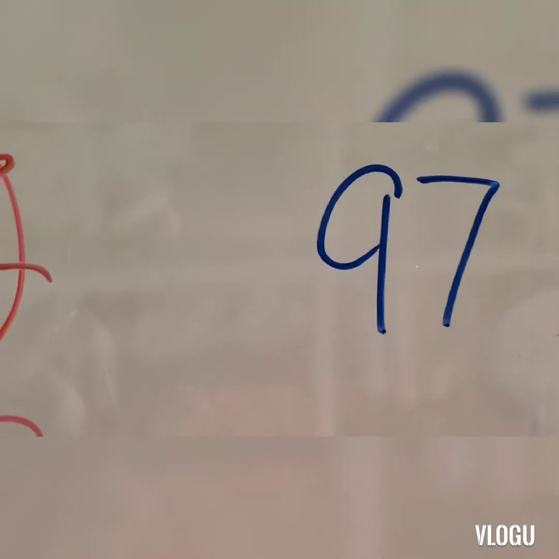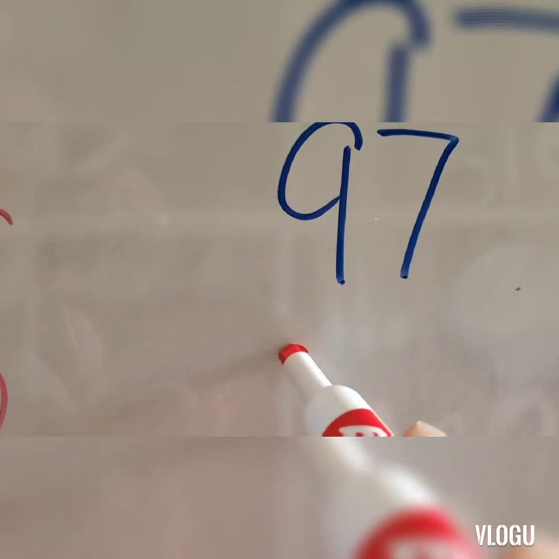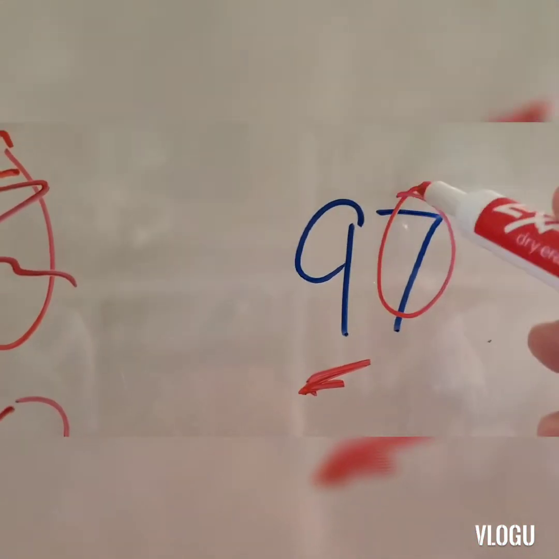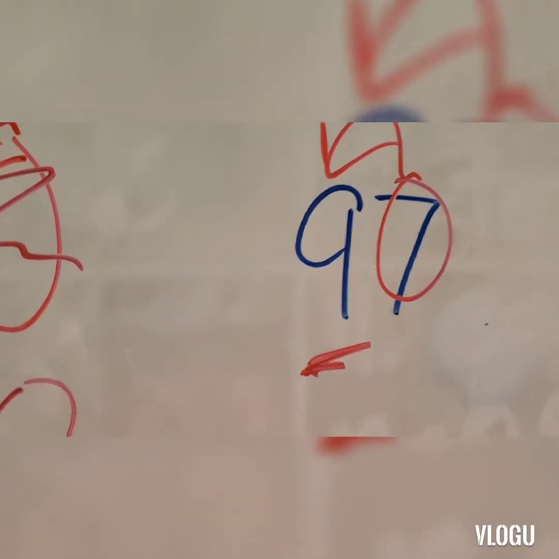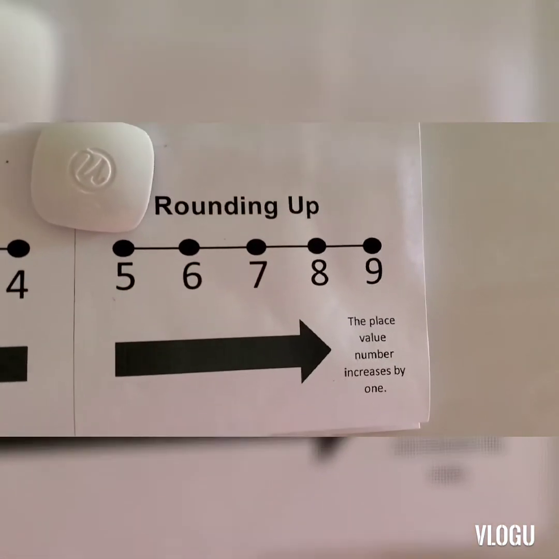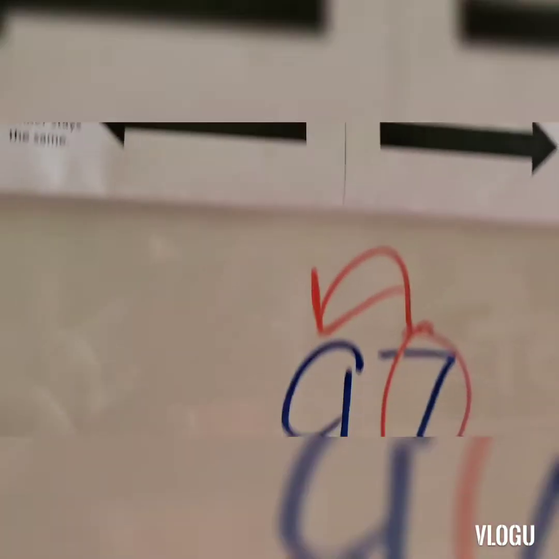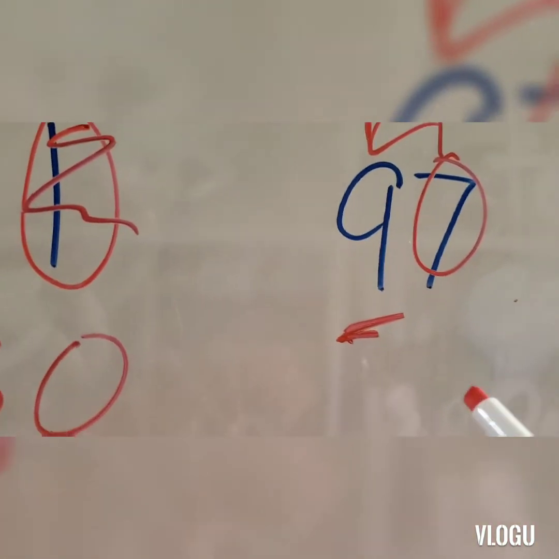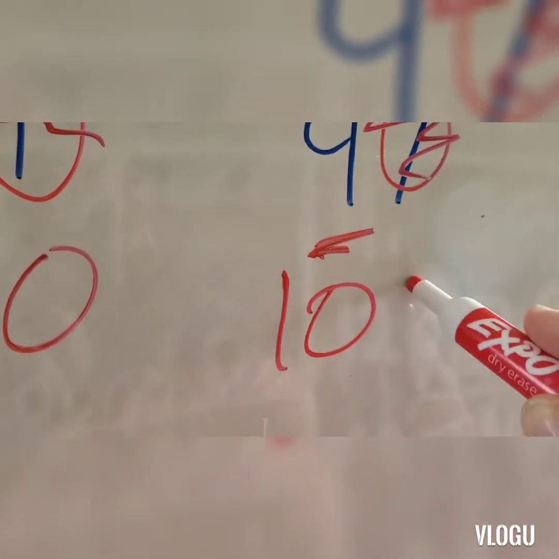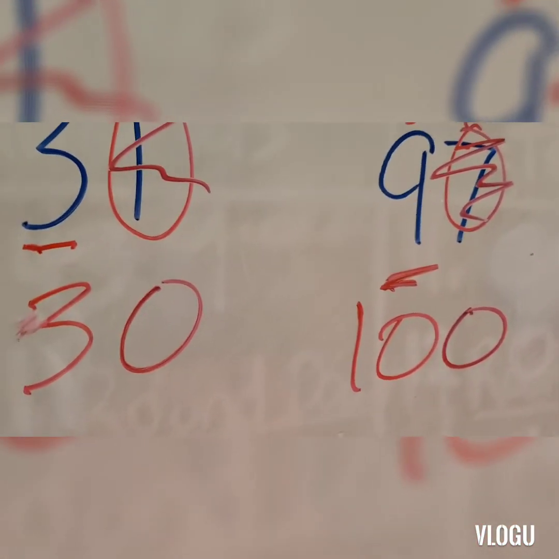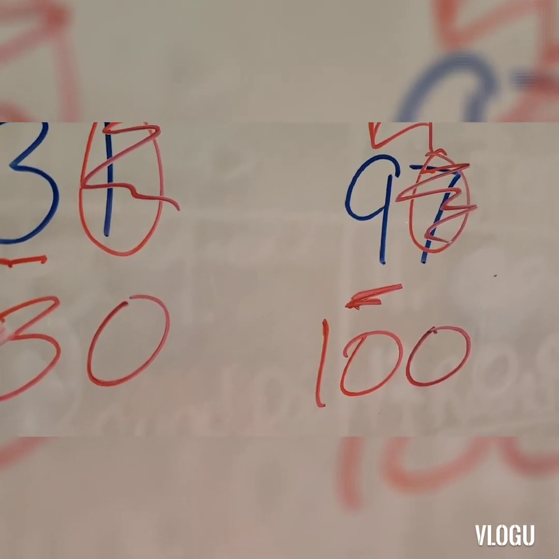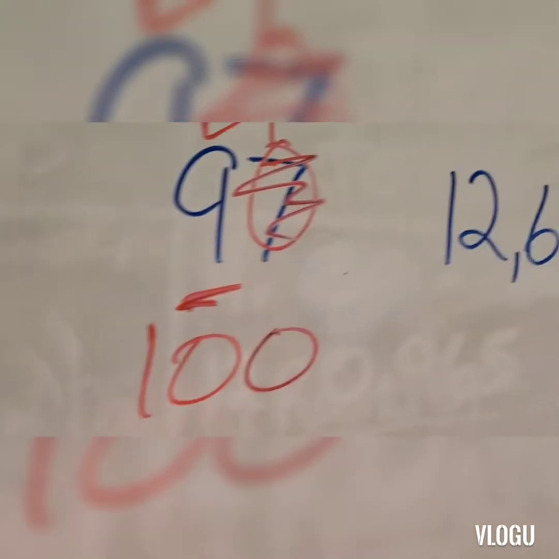Number 3, 97. The 9 is in the tens place. 7 tells the 9 what to do. Consult the chart. 7 is up here. It tells the place value number to increase by 1. So 9 becomes a 10. 7 becomes a 0. And if I count by tens, 97 is closest to 100.